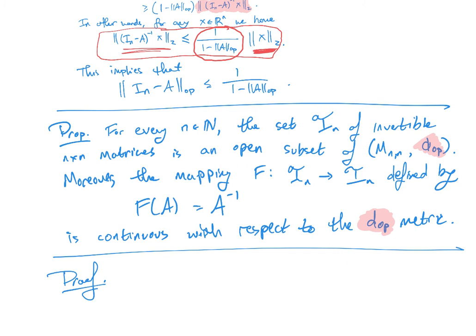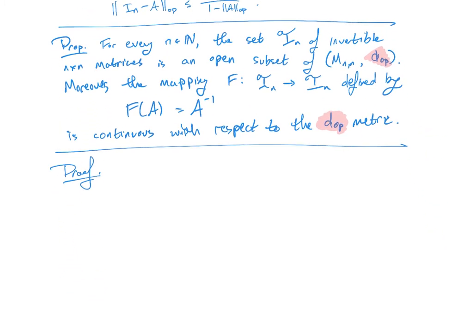Remember, the Frobenius metric was what we got when we just did the 2 norm on the matrix. It's the square root of the sum of the squares of the entries in the matrix. Or we could do the 1 norm on the matrix or the infinity norm on the matrix. It's open with respect to any of those things. But it's easiest to prove this with the operator metric. Okay? Any questions before we jump into the proof?